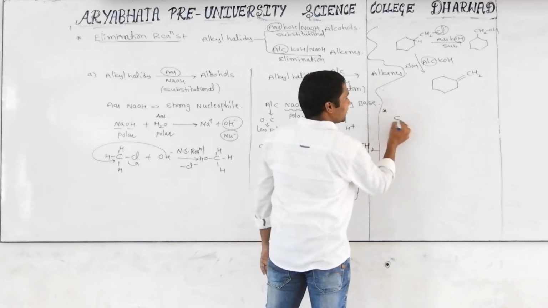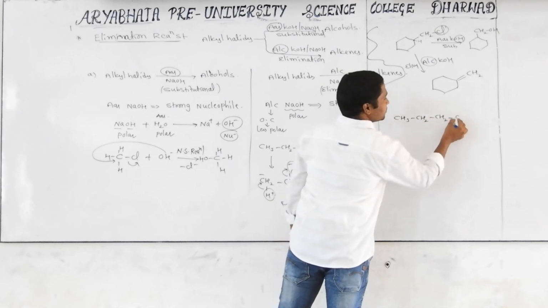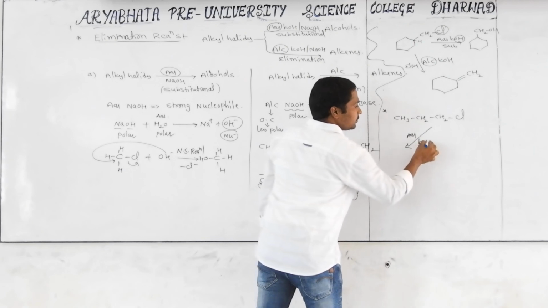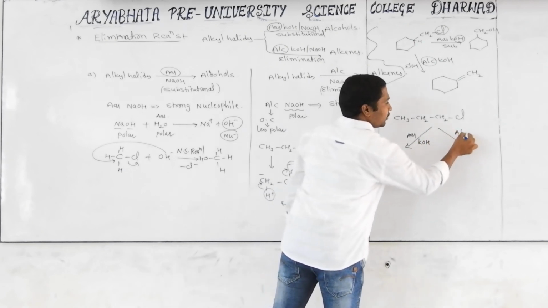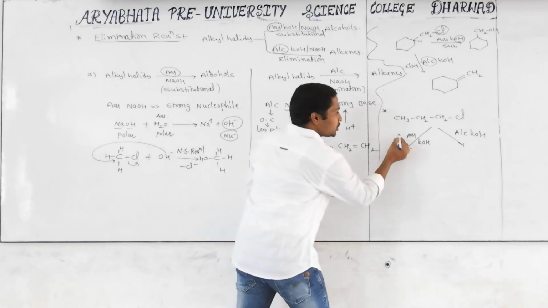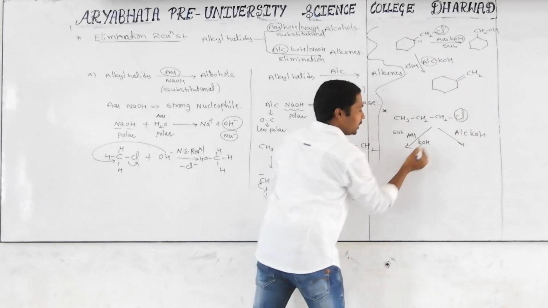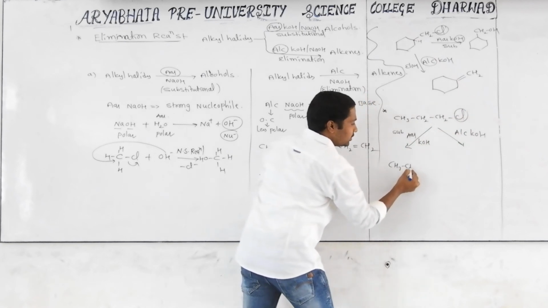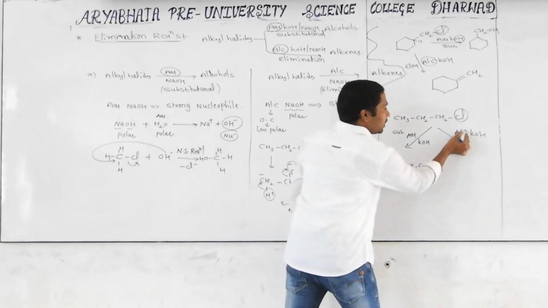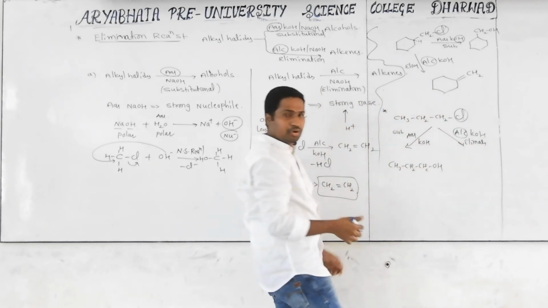I will give you one more example. For example, CH3CH2CH2Cl is reacted with aqueous KOH and alcoholic KOH. Very important, these are the competitive bits. Under aqueous conditions, substitution is going on: Cl is replaced with OH, and we get the alcohol CH3CH2CH2OH. With alcoholic KOH, elimination is happening according to the concept.